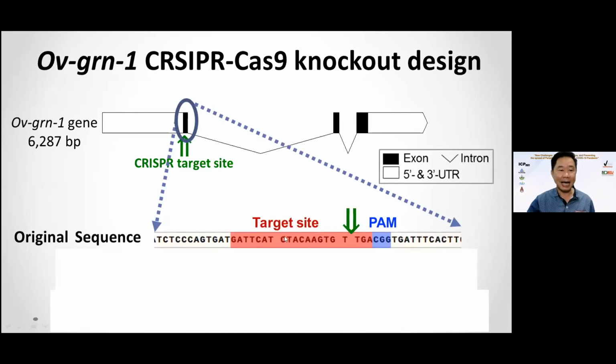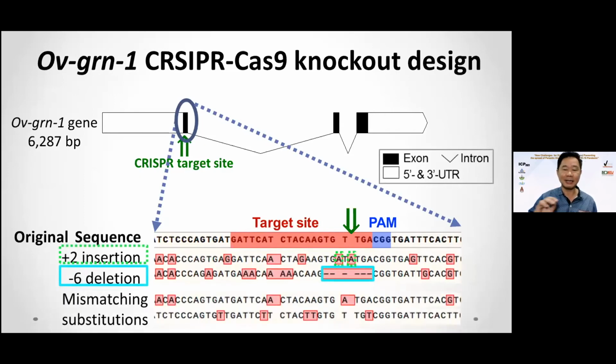We decide on a guide RNA, which is only 20 nucleotides, and this is the sequence of the PAM. This is the key designing procedure of the guide RNA. You need to have a target site flanked with PAM. PAM is NGG, which means any nucleotide followed by GG.